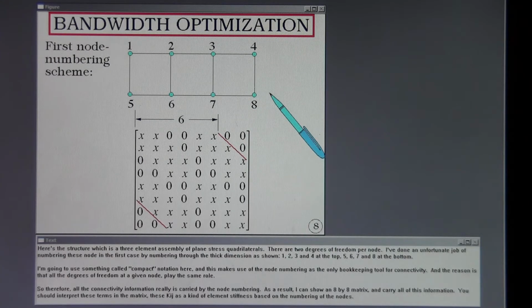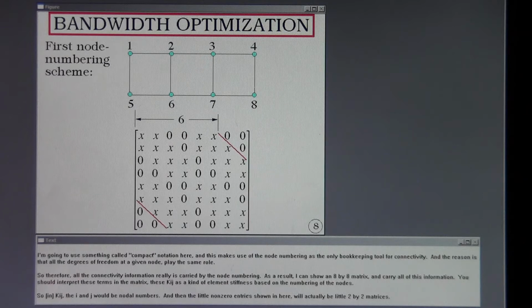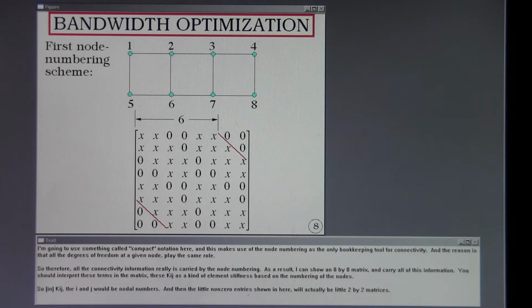I'm going to use something called compact notation here, and this makes use of the node numbering as the only bookkeeping tool for connectivity. And the reason is that all the degrees of freedom at a given node play the same role. So therefore, all the connectivity information really is carried by the node numbering.